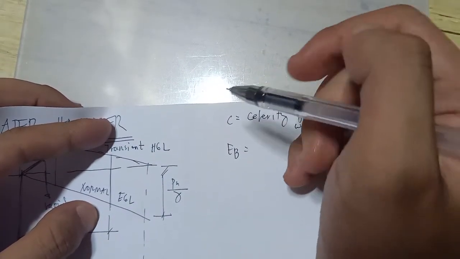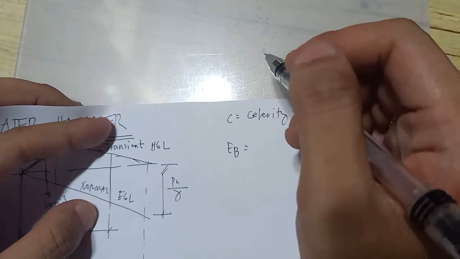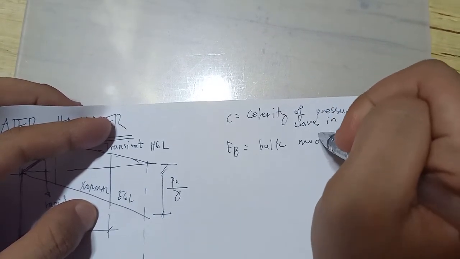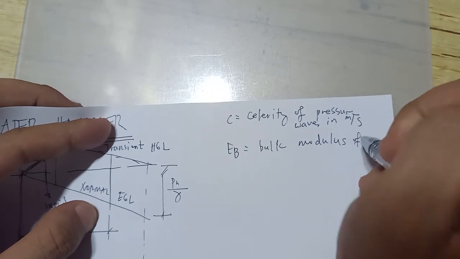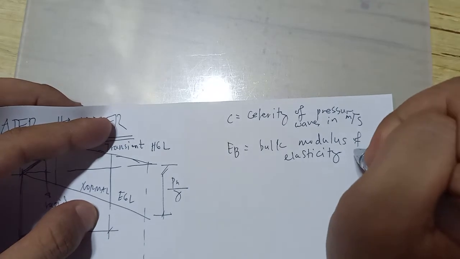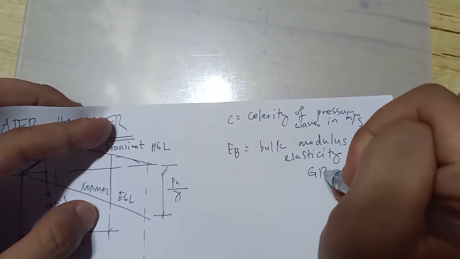E sub B, if you remember from chapter 1, is the bulk modulus or modulus of elasticity, in GPa.